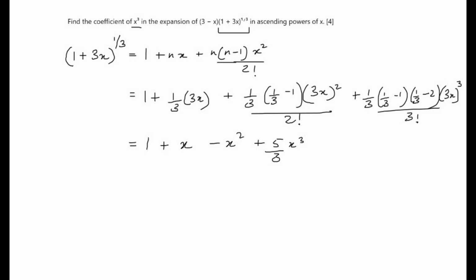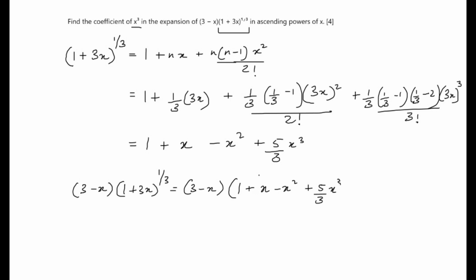Now we want to combine 3 minus x by multiplying it with 1 plus 3x's expansion. So that is (3 minus x) into (1 plus x minus x squared plus 5 by 3 x cubed), and so on. We haven't expanded it further.